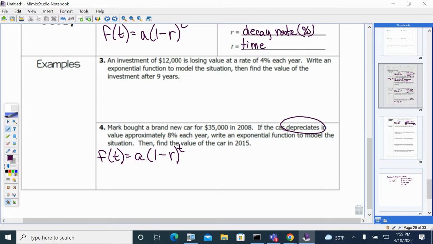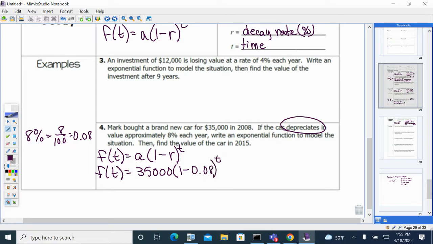So we're going to plug in our numbers. The initial amount is $35,000 for that car. And then we're going to do 1 minus 8%, which again is 8 over 100, or 0.08, to the t. So there's the equation.